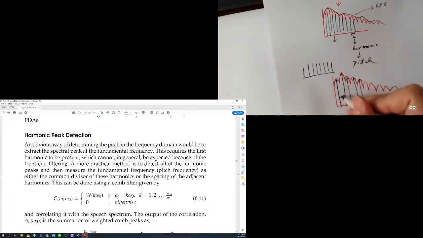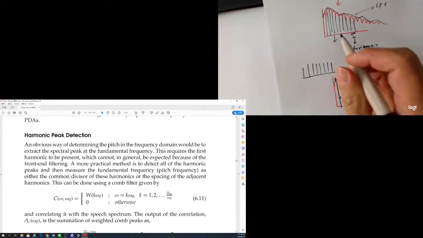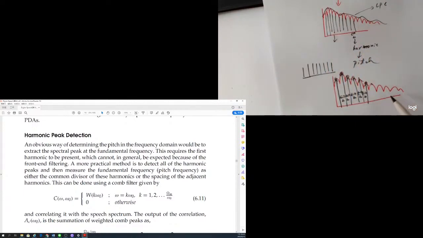Because of the standard deviation, they try to determine what kind of spacing the comb filter should have. We sample the points and take a summation to get the maximum value. If we sample points close to the maximum, aligned with the harmonics, we get the best, highest value. So here it is only related to omega 0.